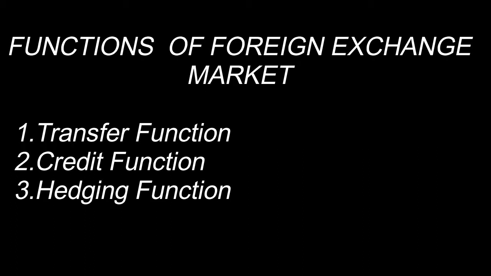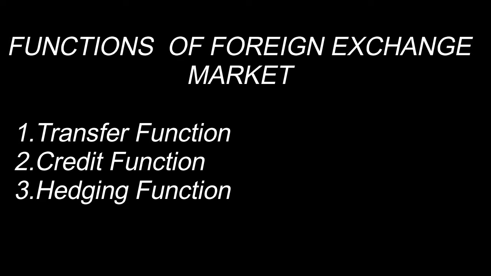Functions of the foreign exchange market. The foreign exchange market performs the following three functions. First is the transfer function. It transfers purchasing power between the countries involved in the transaction. This function is performed through credit instruments like bills of foreign exchange, bank drafts, and telephonic transfers.